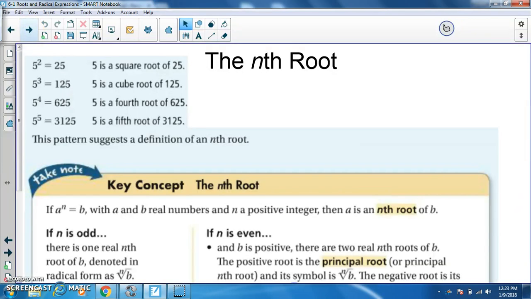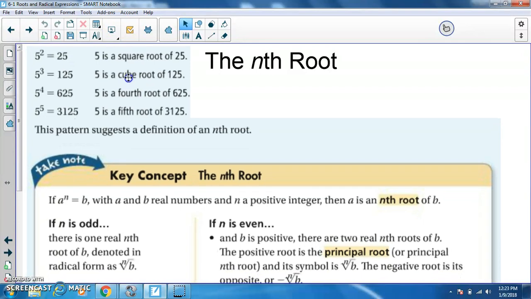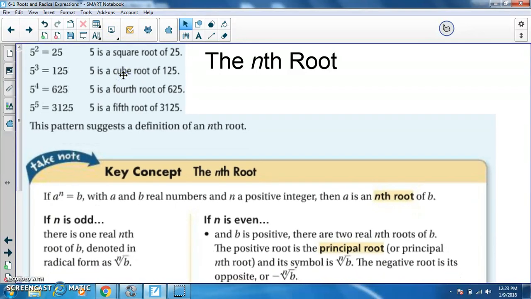So the nth root. This is what we were going off of before with our key concept here. So 5 squared is 25, therefore 5 is the square root of 25. 5 is the cube root of 125. 5 to the fourth power is 625, so 5 is the fourth root of 625, or the fourth root of 625 is 5.